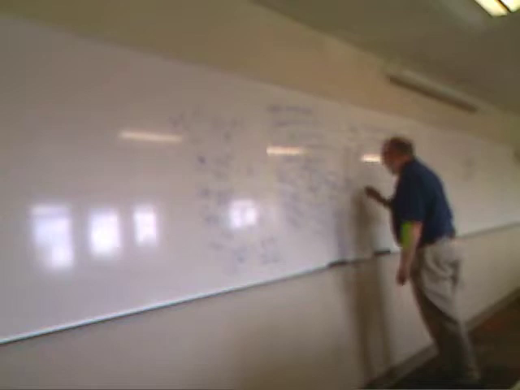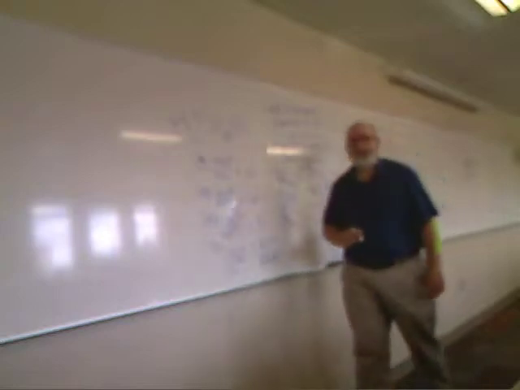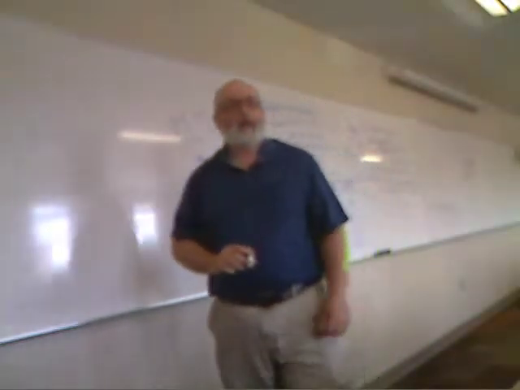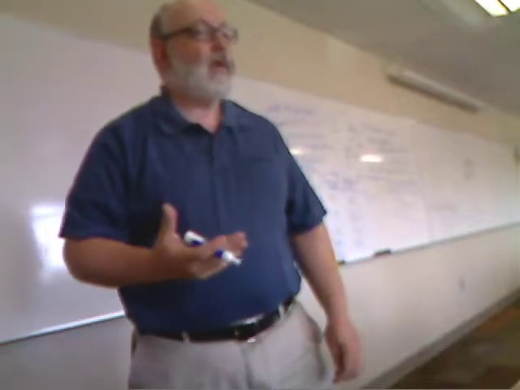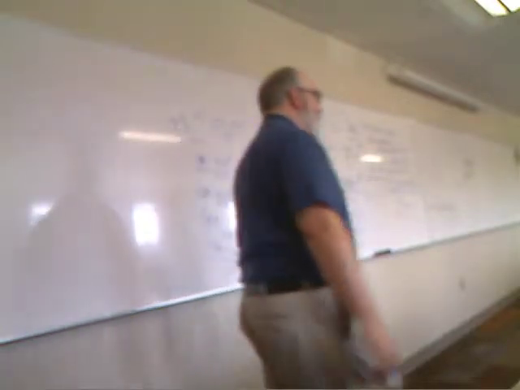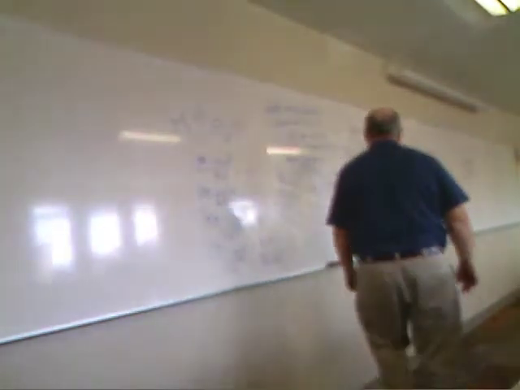So based on these things, I'm going to create a p hat. P hat is going to be the observed over the total, right? This would be x over n.